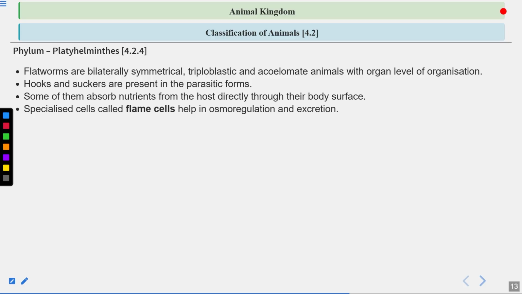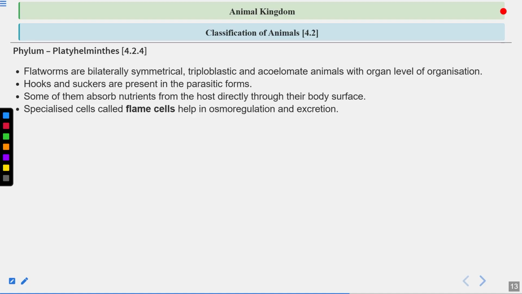Sanguivorous are those organisms that suck blood, like leeches, Hirudinaria, which belongs to the phylum Annelida, not to this phylum. So basically, they are absorbing the digested food material. Whatever digested food material is present in your intestine, they will absorb that. They will not absorb your blood.